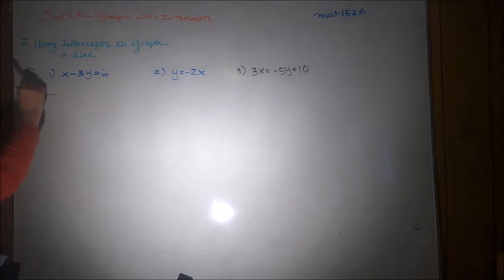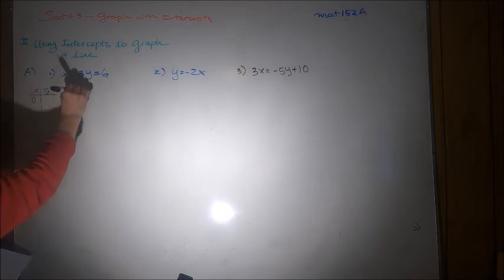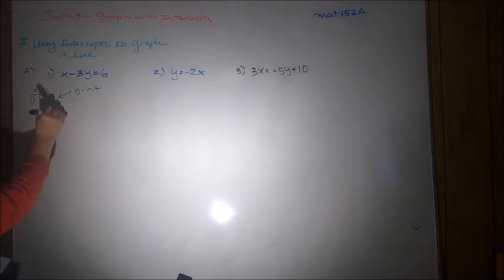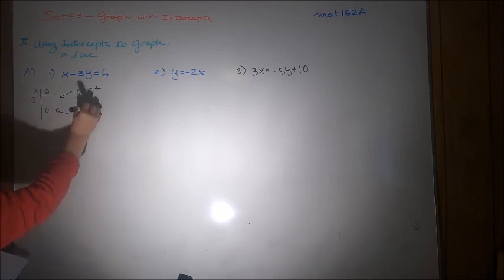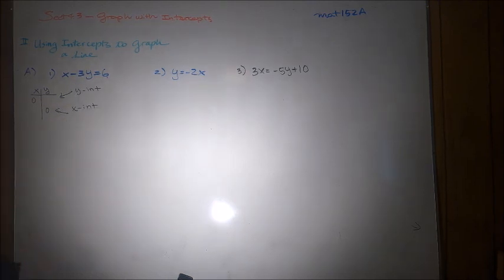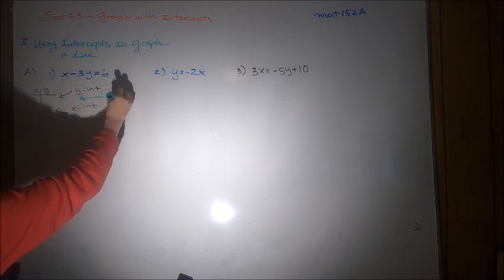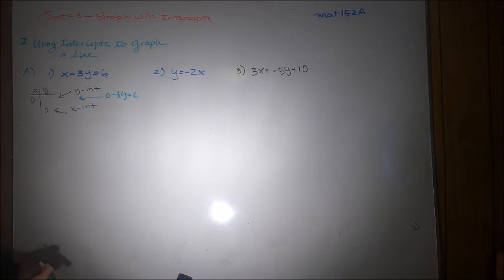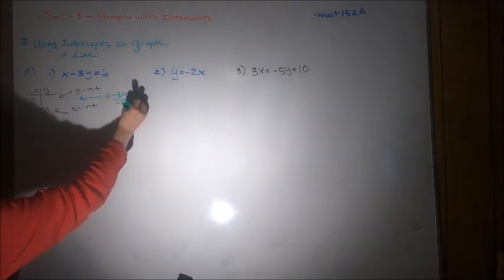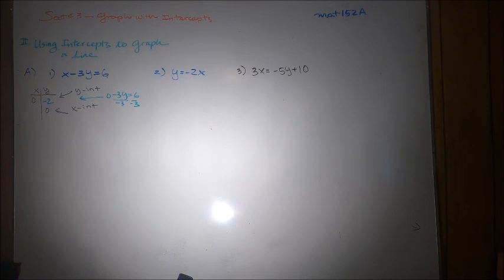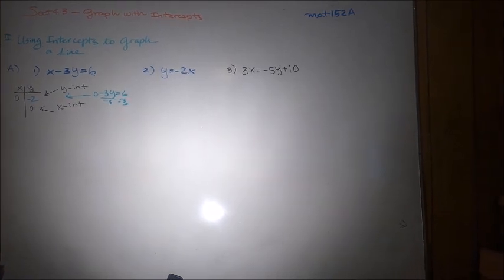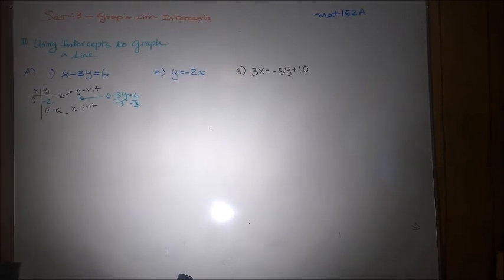So for this one, you use 0 for x, you find the y. That means the y-intercept. Then you use y is 0 to find the x-intercept, right? So when x is 0, we have 0 minus 3y equals 6, right? Then y is divided by -3, so y is -2, right?